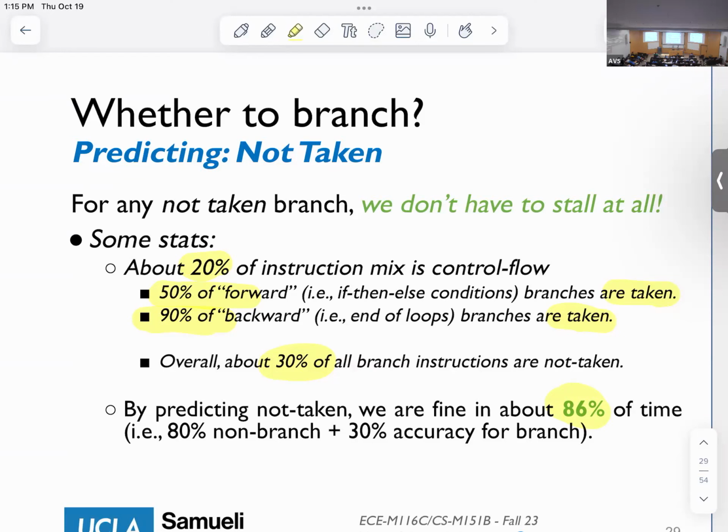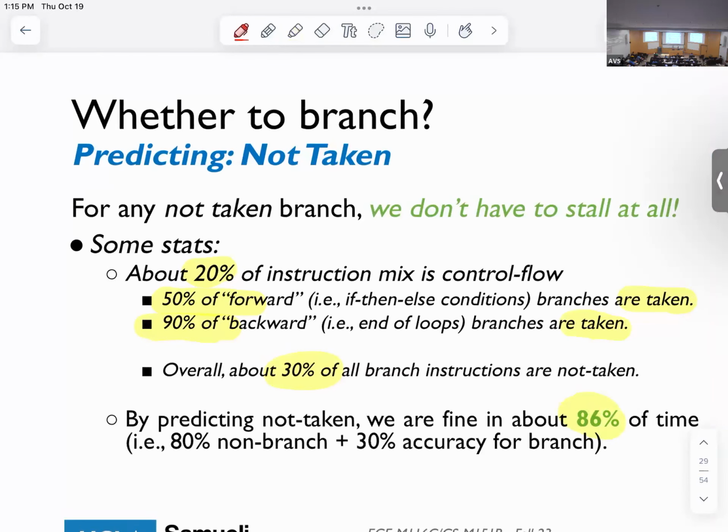And again, if the math doesn't make sense, first of all, these are just stats. People have looked into large programs and they found these numbers, okay? And how we move from here to here is you combine the 50% taken and the 90% taken, and you will get that 30%, trust me.